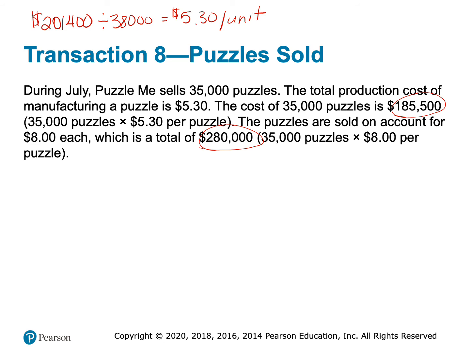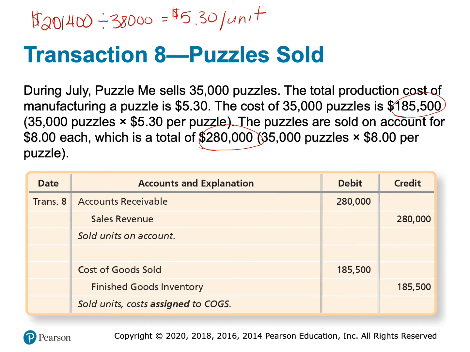So now that we've sold the puzzles, we've got to do 2 journal entries. Remember, the first entry is to record the sale. So we'll debit accounts receivable, or it could be cash, for $280,000, credit sales revenue. And then we're going to do a second entry to move those goods out of finished goods inventory into cost of goods sold. So we debit the account we're going into, credit the account we're coming out of, for the 185.5.